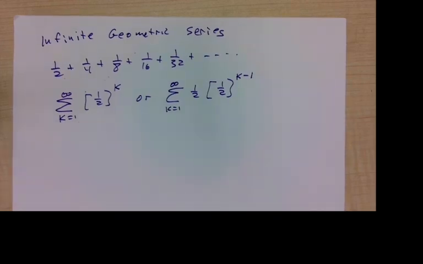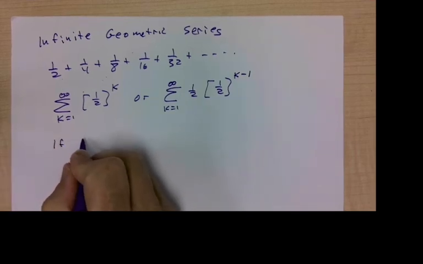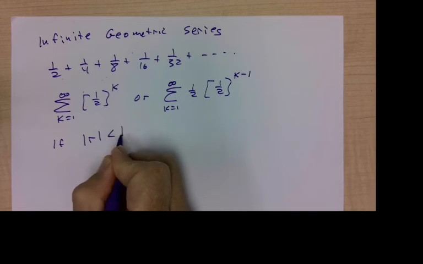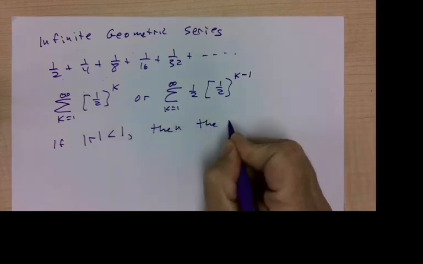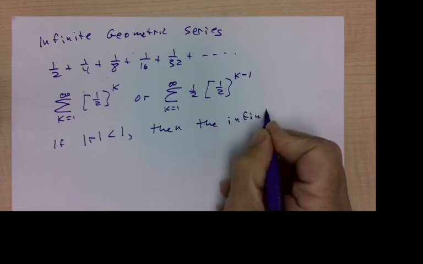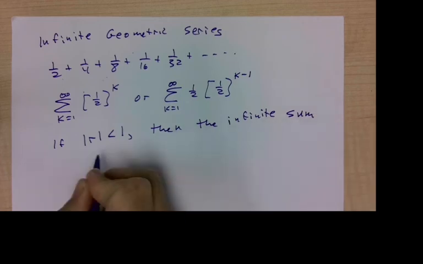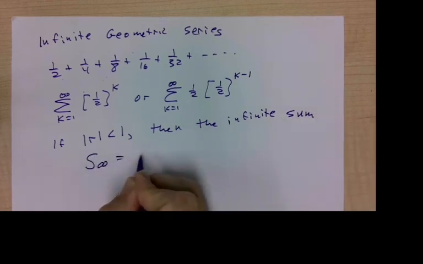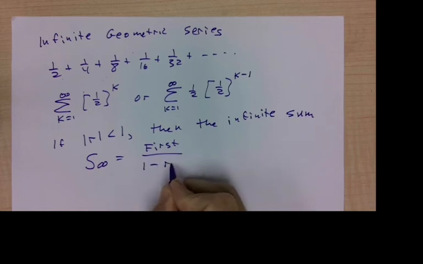Well, here's our rule. If the absolute value of the common ratio is less than 1, then the infinite sum, which I'll call S infinity, is simply the first term divided by 1 minus the ratio.